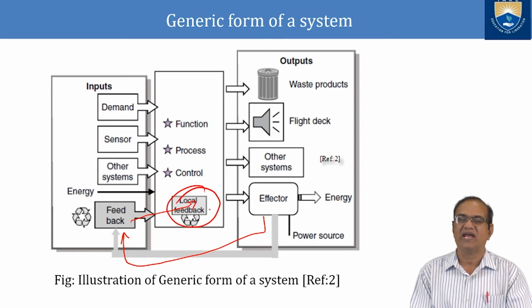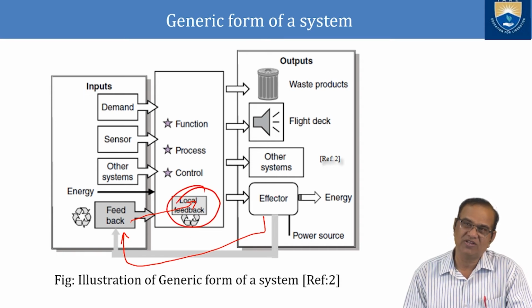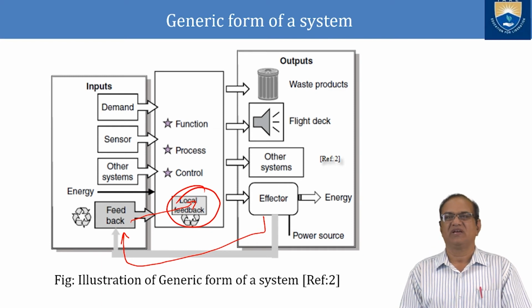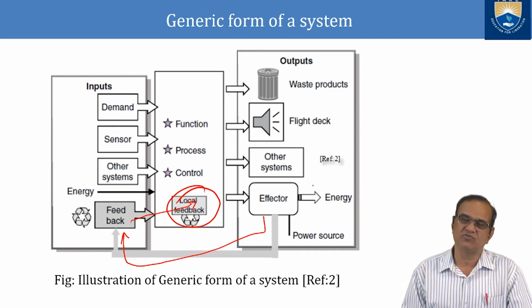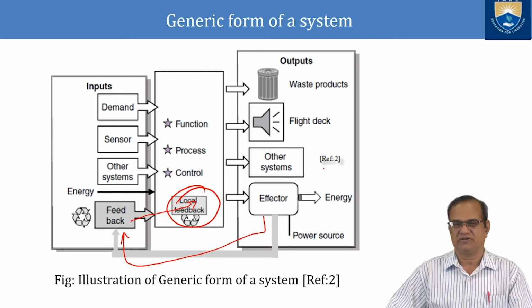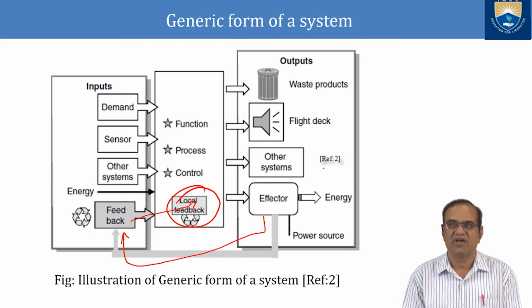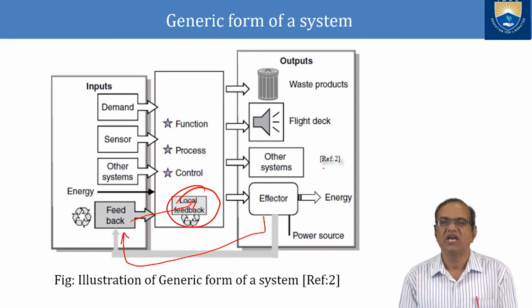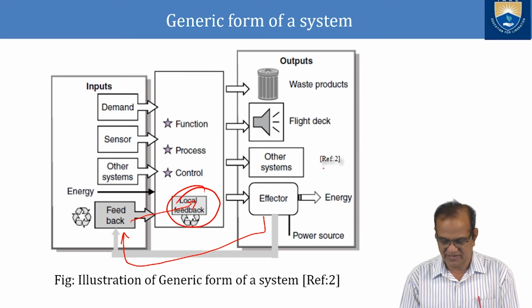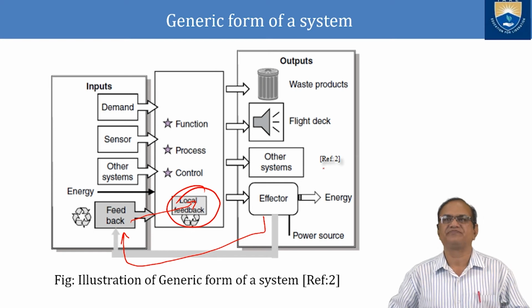This is your correcting errors. Whatever errors you are getting here, these errors have to be rectified by your system. So feedback is one of the very important parameters by which only you can take the system forward.